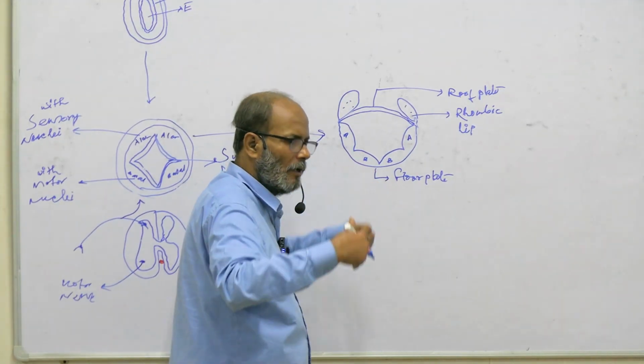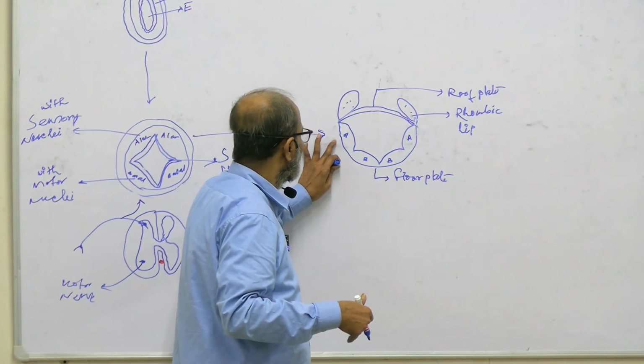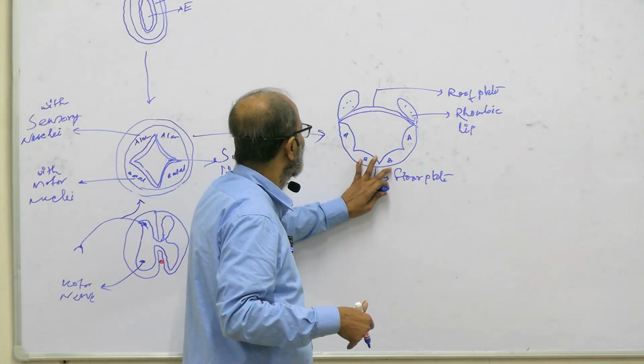That is, the alar lamina comes downward. This is the alar lamina and this is the basal lamina.